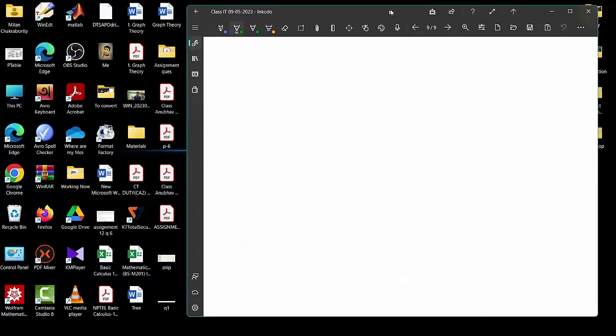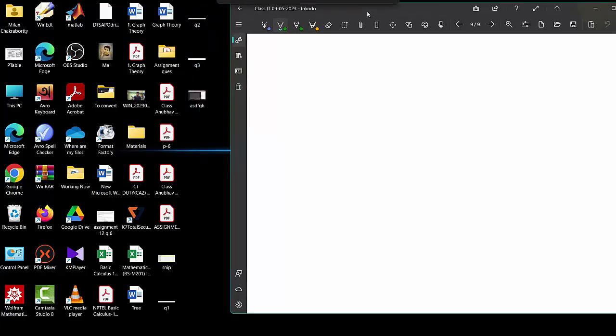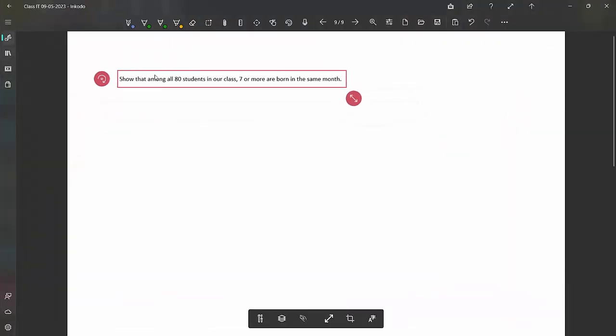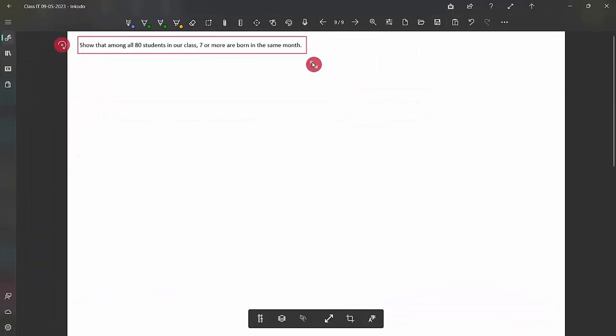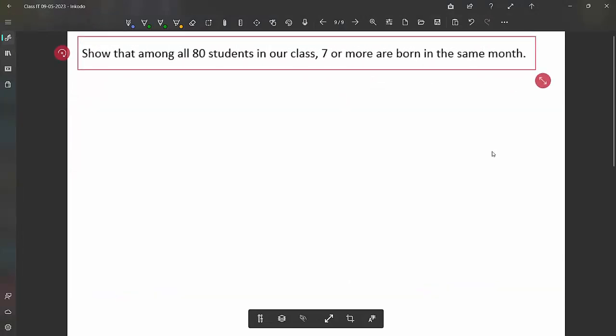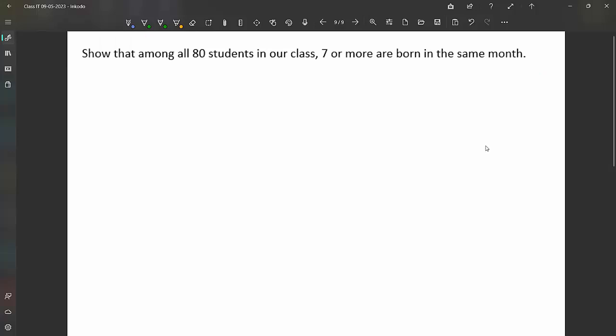And this is the next question: among all 80 students in our class, show that 7 or more are born in the same month. To show that, what do you have to take?